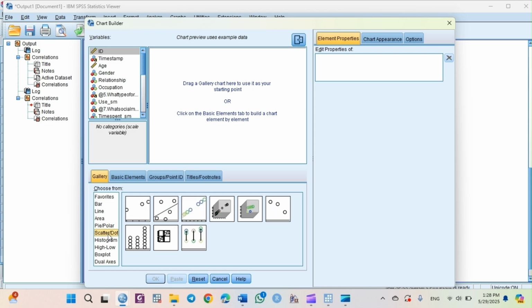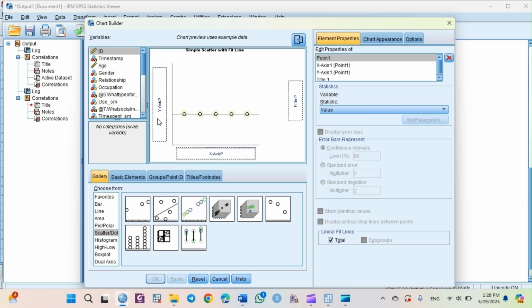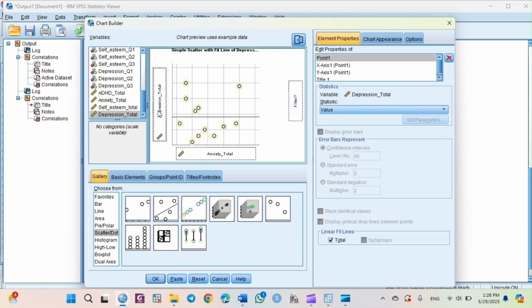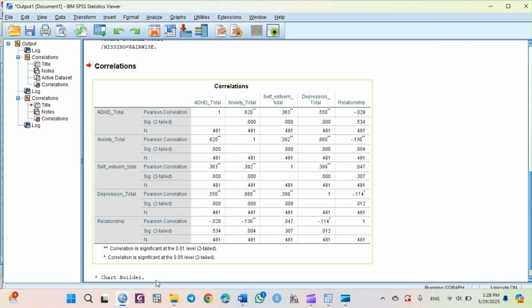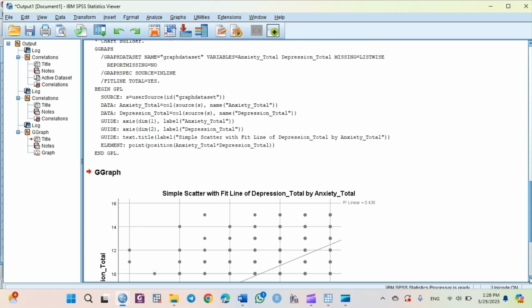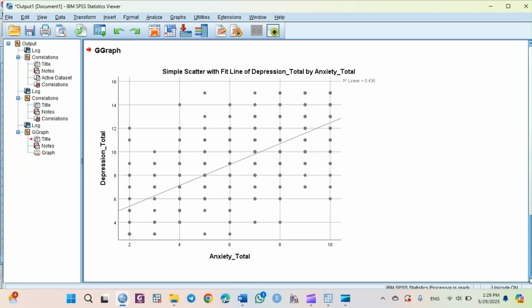Let's draw a scatter plot. For example, let's see anxiety and depression. Okay, great.